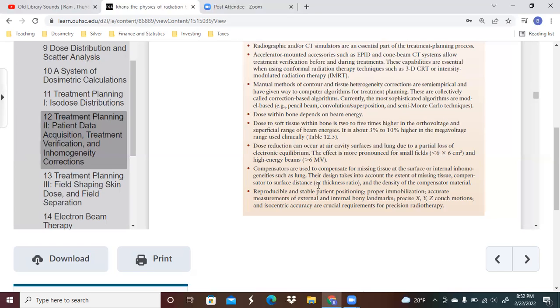Compensators are used to compensate for missing tissue at the surface or internal inhomogeneity, such as the lung. They're designed to take into account the extent of missing tissue, the compensator-to-surface distance, and the density of the compensating material.